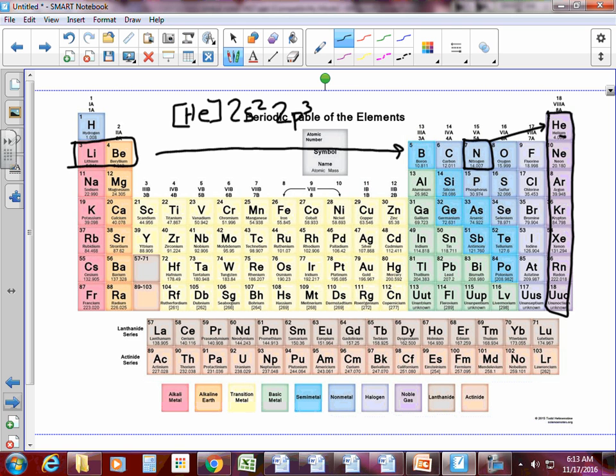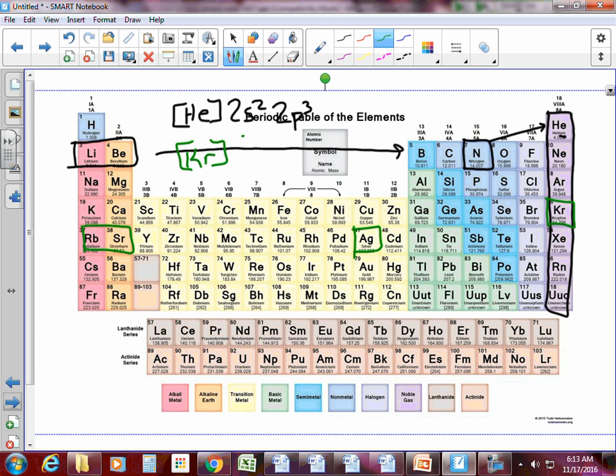If I wanted to look at, let's say, silver right here. Silver is 47, so I'm going to look at the noble gas that's in front of it, which happens to be krypton. So I would put krypton in square brackets, and then I start from there. I go down, and the next ones are rubidium and strontium, so that is 1, 2, 3, 4, 5 down.